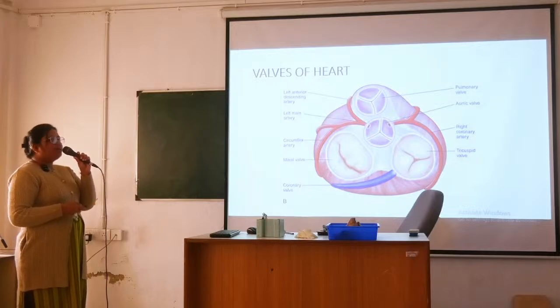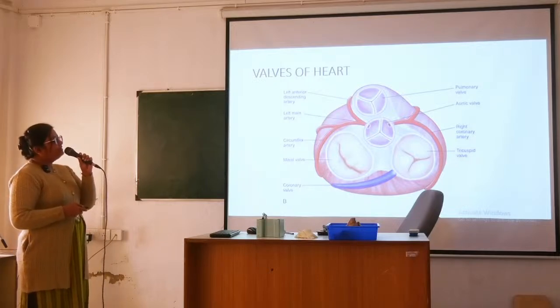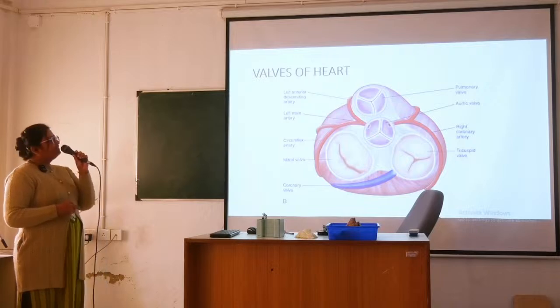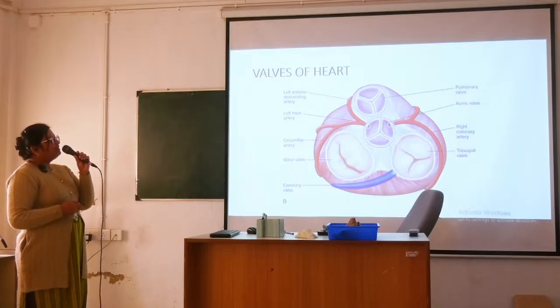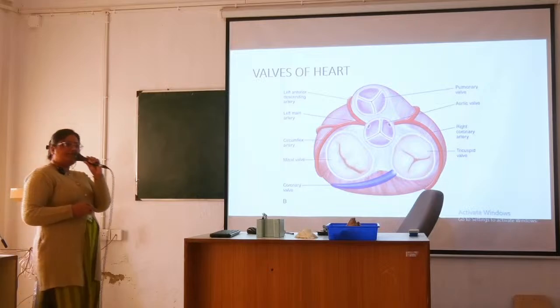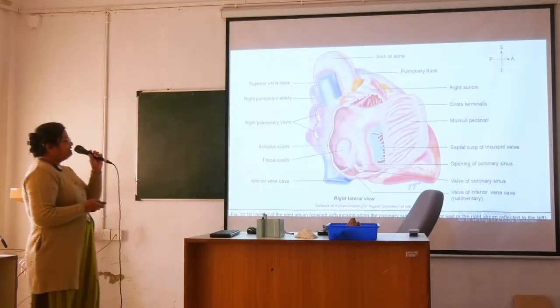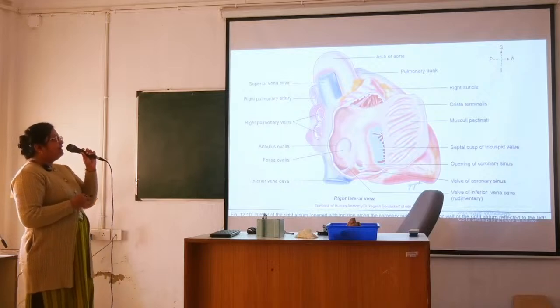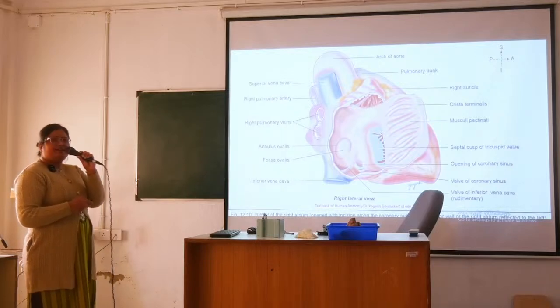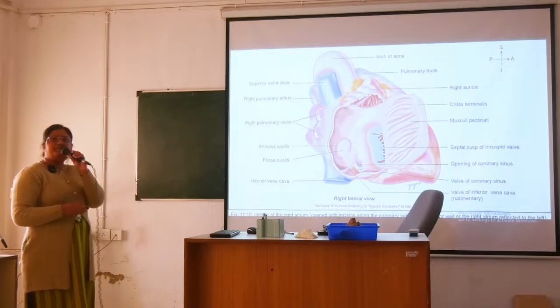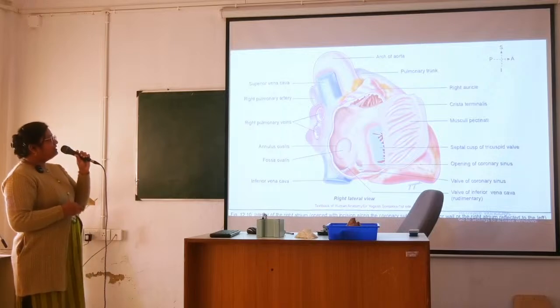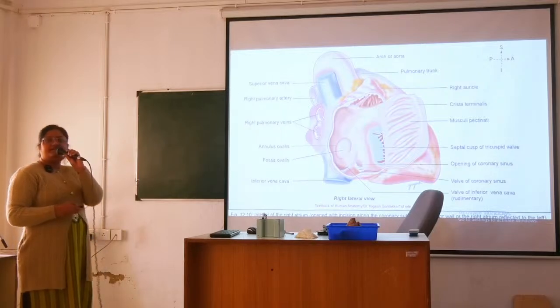Tricuspid valve or right atrioventricular valve, 3 cusps are present. These 2 are the semilunar valves. This is the pulmonary valve, here is the aortic valve. Okay. See, we have cut open the right atrium along the sulcus terminalis to see the interior of the right atrium.